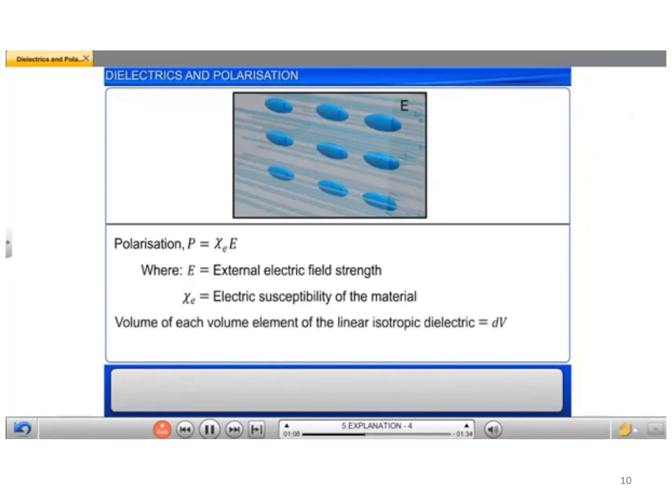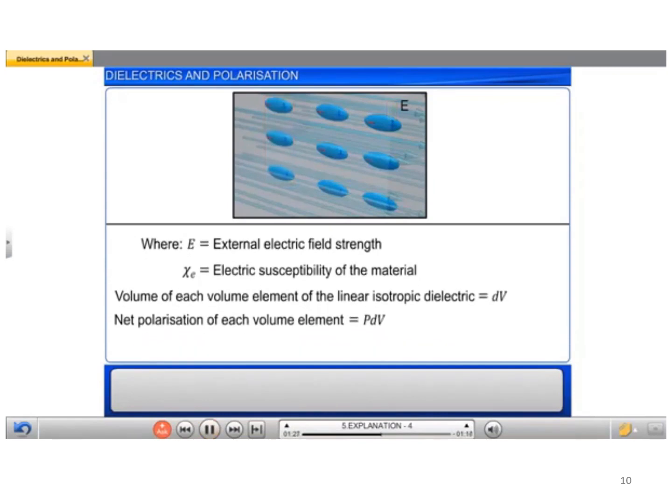Now, each small volume element of the linear isotropic dielectric having a volume dV has a net polarization equal to P dV due to all the dipoles in it in the direction of uniform electric field. Here, it is important to note that the net charge in each volume element will be zero.